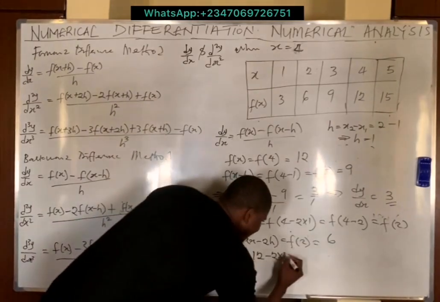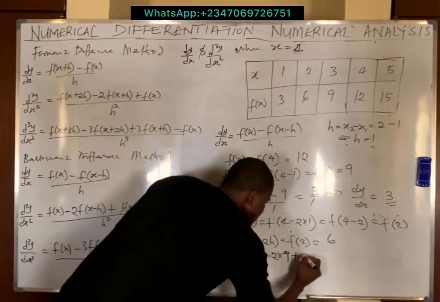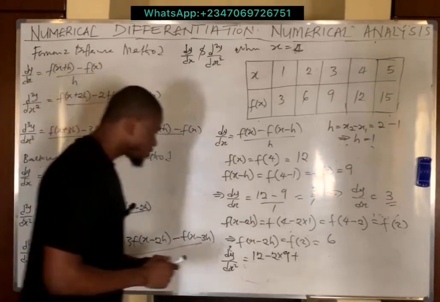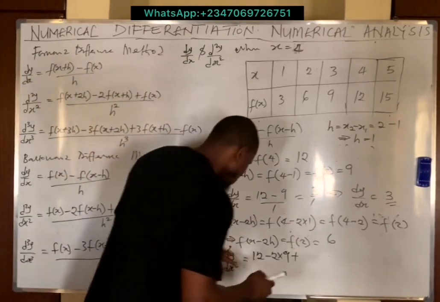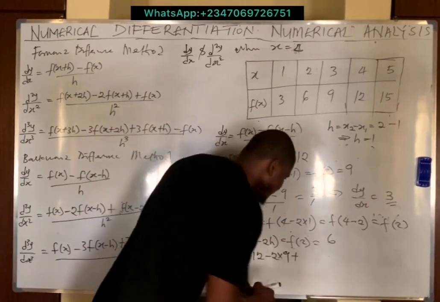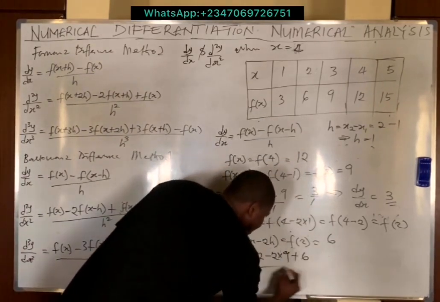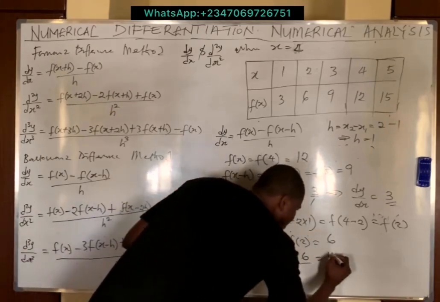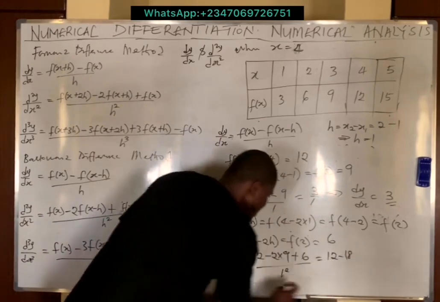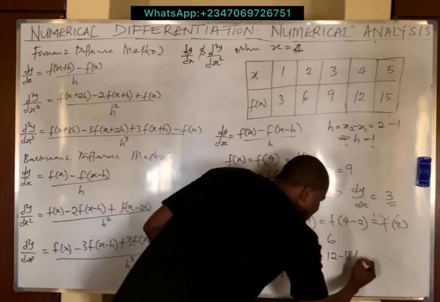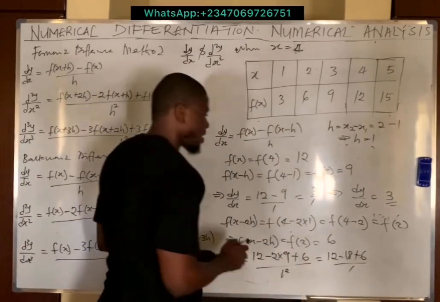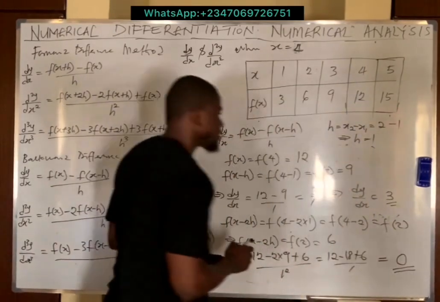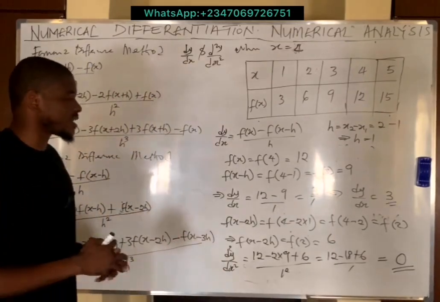So minus 2 times 9, plus f of x minus 2h, and f of x minus 2h gave us 6. So plus 6, all over h squared, which is 1 squared. So this is equal to 12 minus 18, since 2 times 9 is 18, plus 6, all over 1. And this also gives us what? 0. So for the backward difference, when x is equal to 4, the double derivative is simply 0.